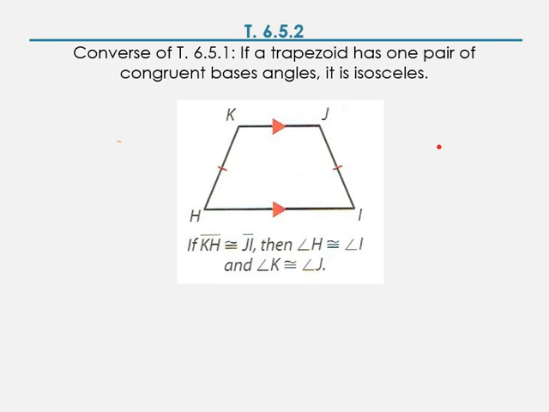If you are given a figure and told it's a trapezoid and that it's an isosceles trapezoid by proving that you have congruent sides, then you would use 6.5.1.